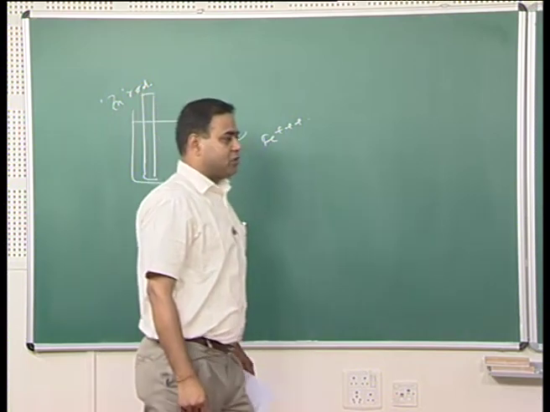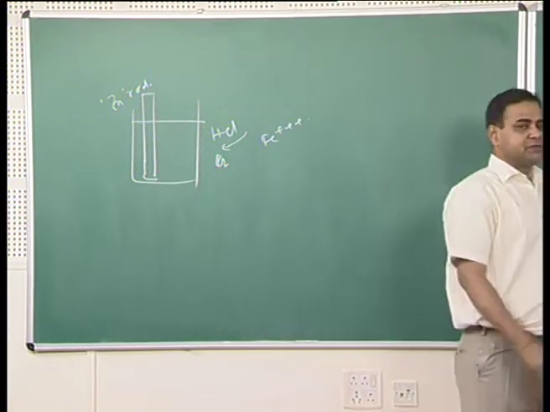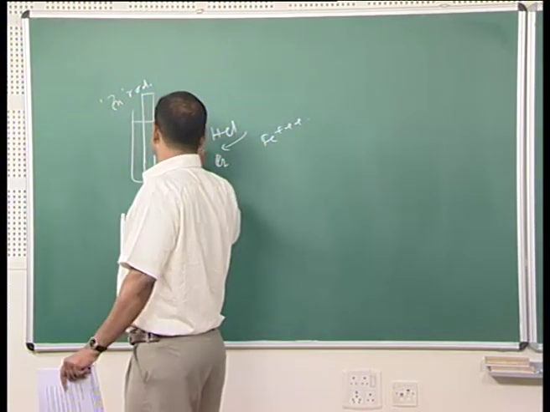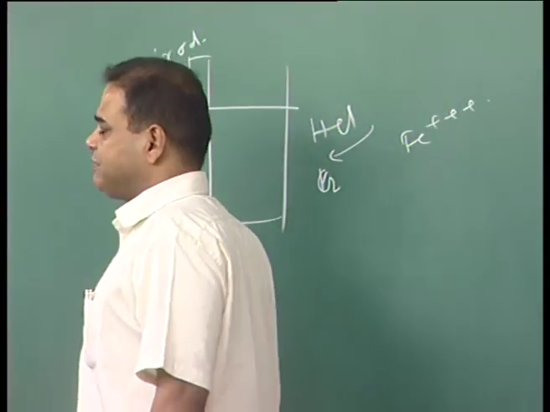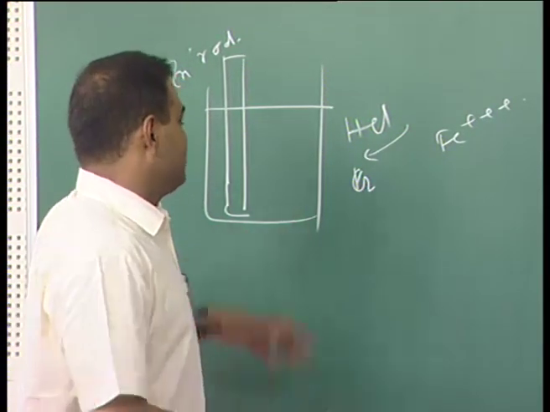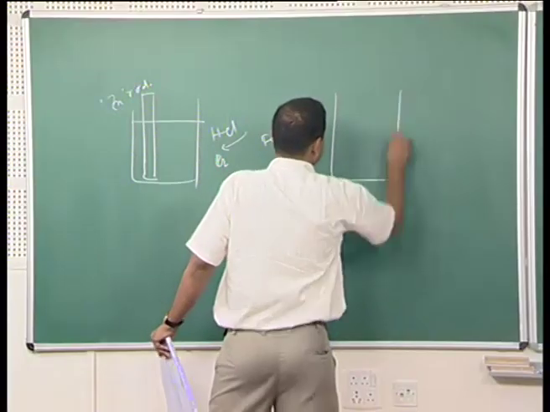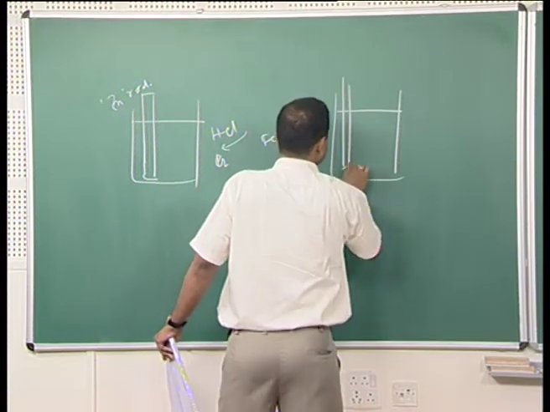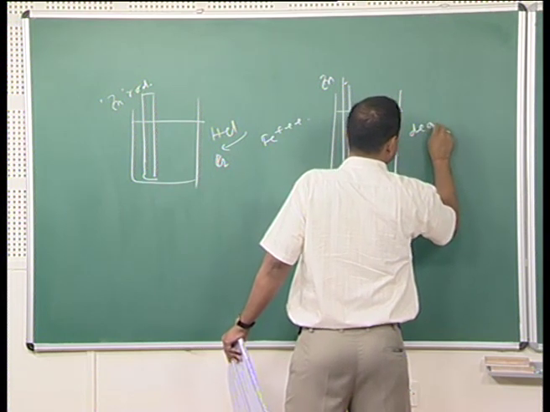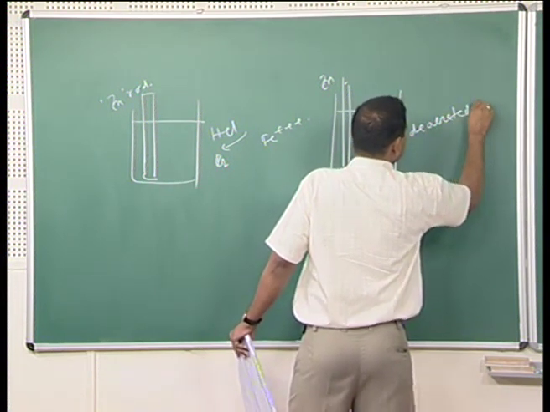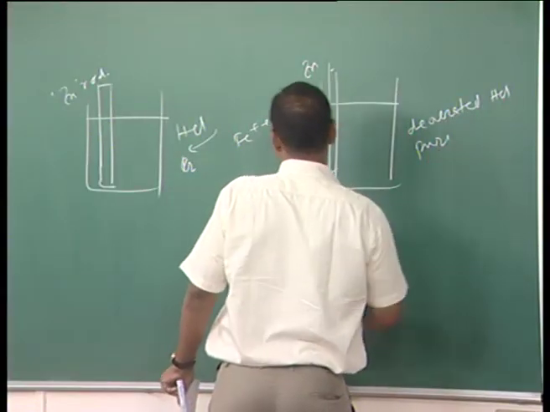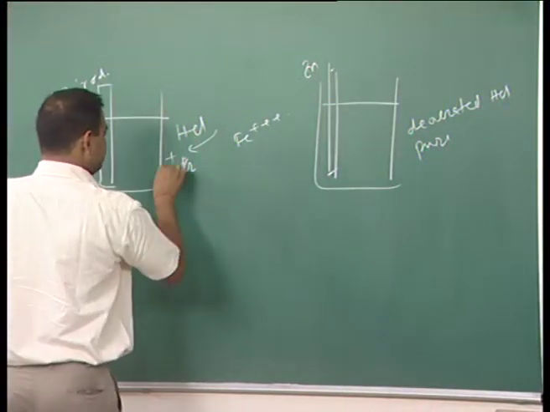If you insert the zinc rod, you will observe that zinc is corroding. Let us say the same concentration of HCl is taken and the same time period is spent in the two cases. In one case it is a zinc rod in deaerated pure HCl, but here you have oxygen and pure HCl.